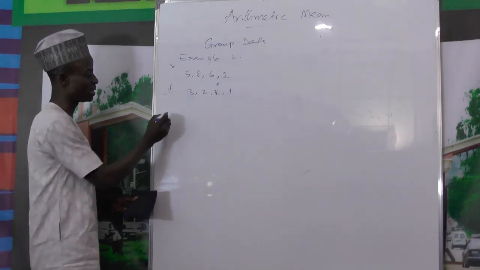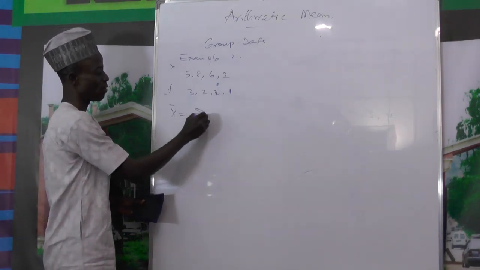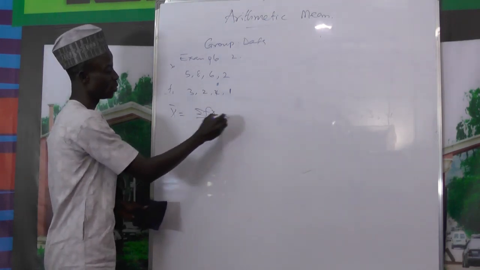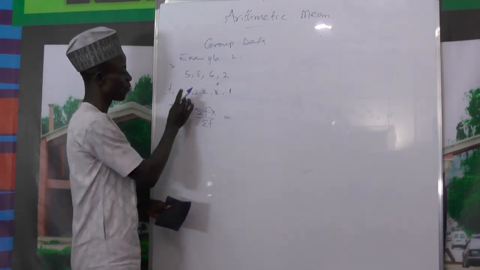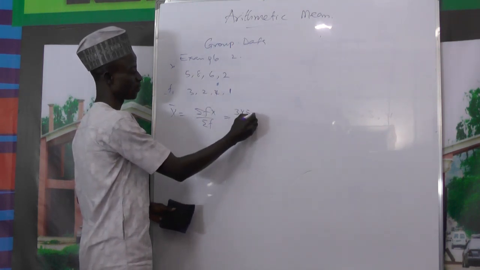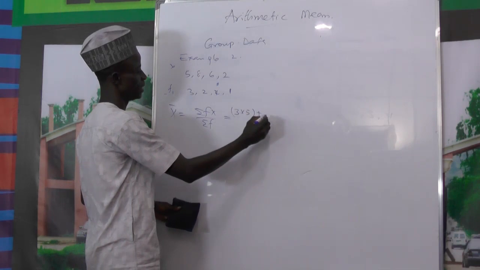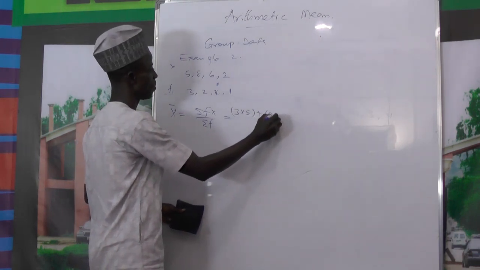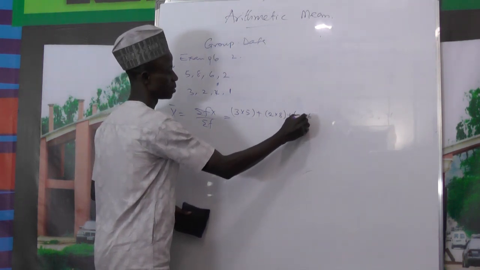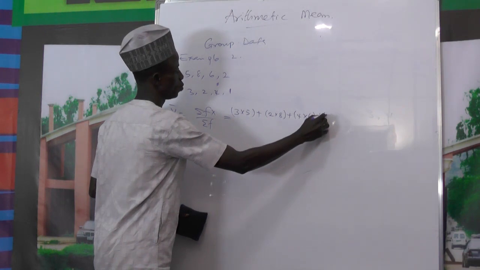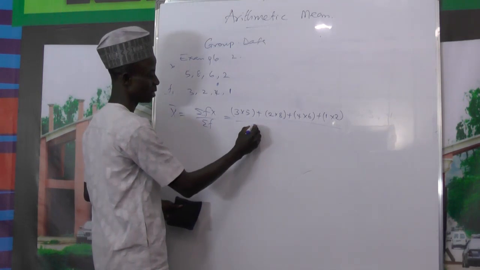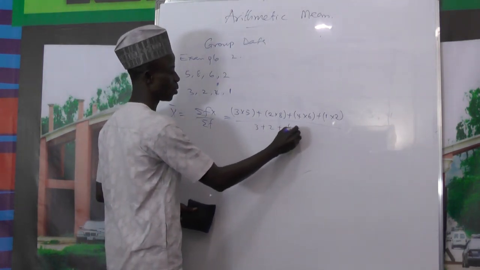So this implies that our mean, which is the sum of frequency multiplied by x divided by the sum of frequency, will be equal to the first frequency, which is 3, multiplied by the first observation, which is 5, plus 2 multiplied by 8, plus 4 multiplied by 6, plus 1 multiplied by 2, divided by the addition of our frequencies, that is 3 plus 2 plus 4 plus 1.